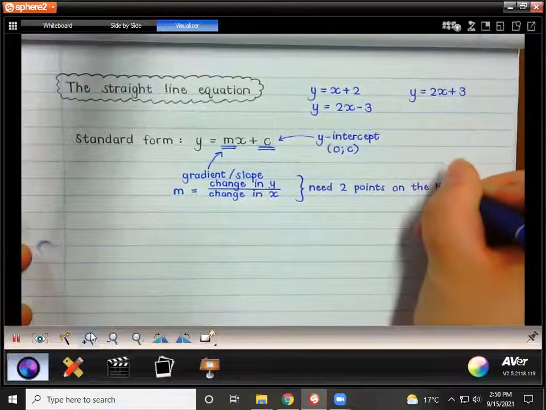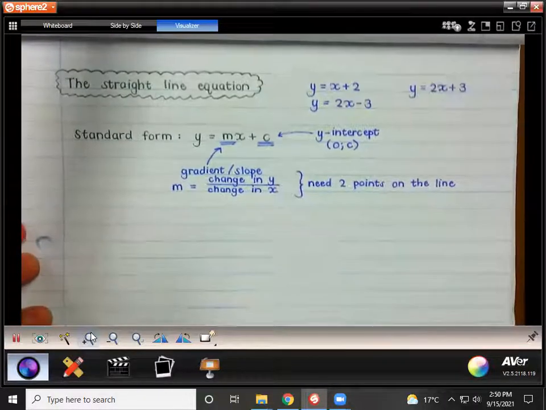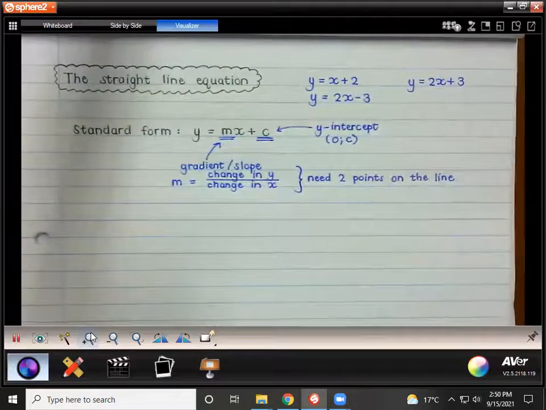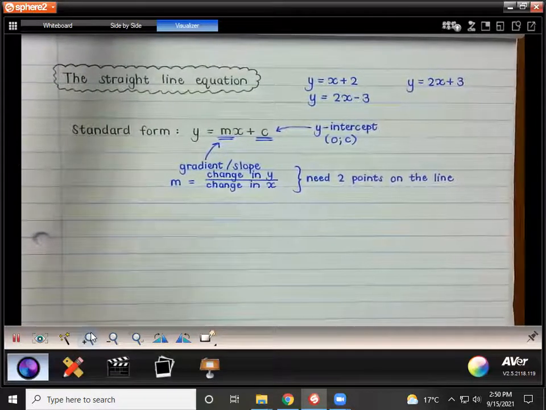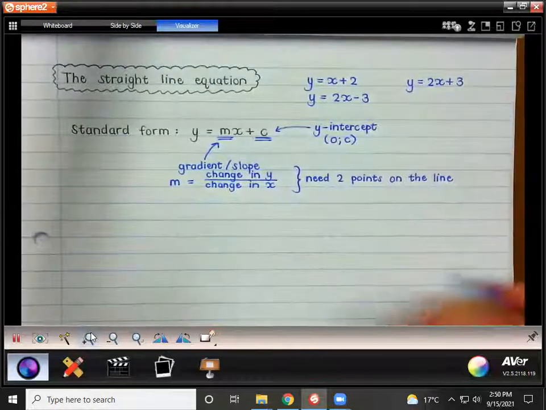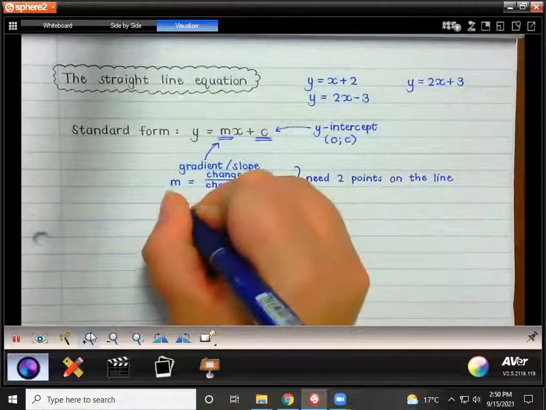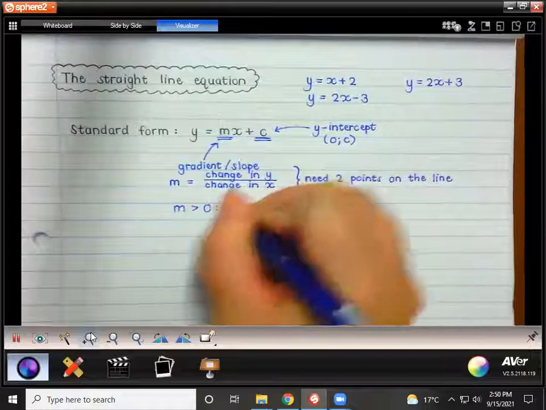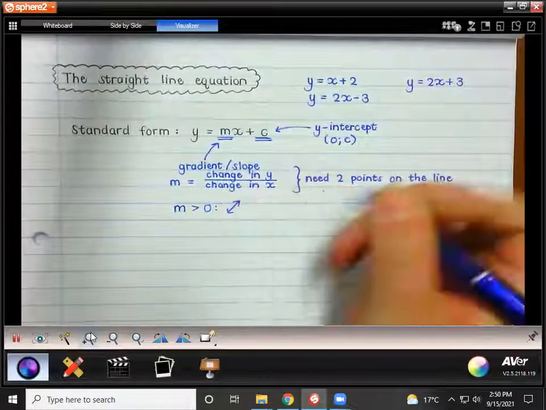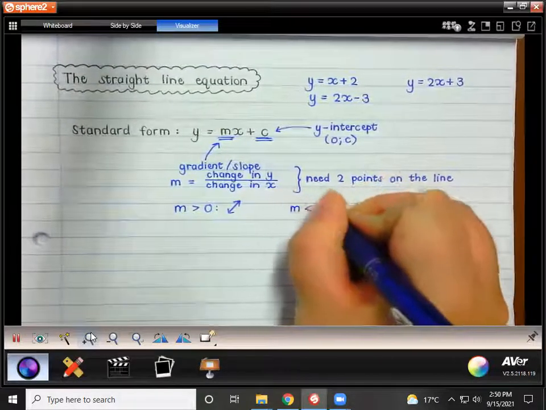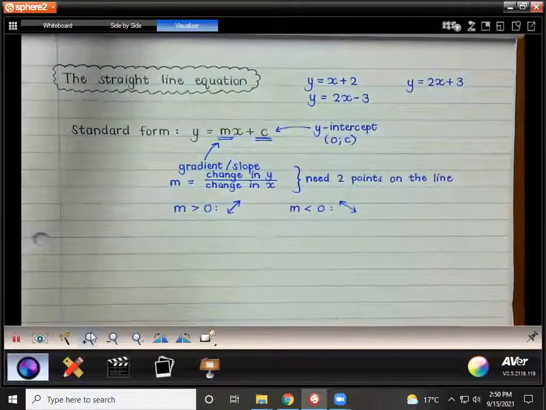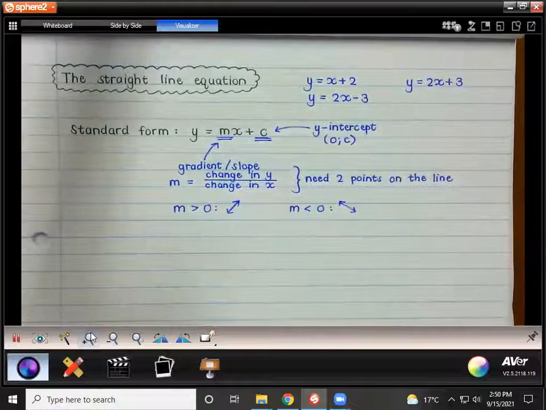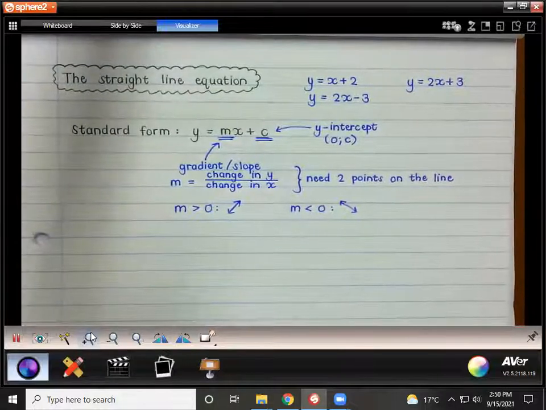But again, guys, we are going to come back to this later on. And just one other thing, if your gradient is positive, your line will look like that. And if your gradient is less than 0 or negative, your line will look like that. So you can just write that down for now.